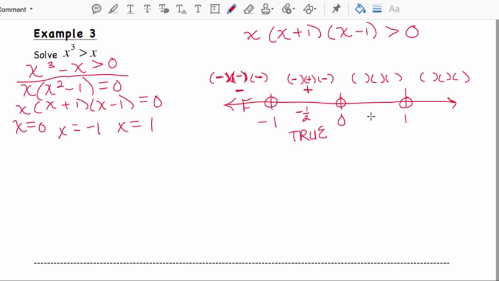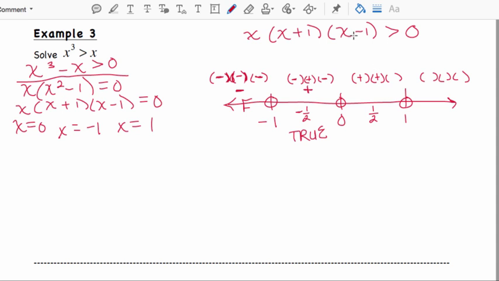And then I'm going to plug in a 1/2. And once again, it's really not that bad plugging in that fraction. When you plug in a positive 1/2 into x, that term is positive. When you plug a 1/2 in for the second factor, you get 1.5, and that's positive.